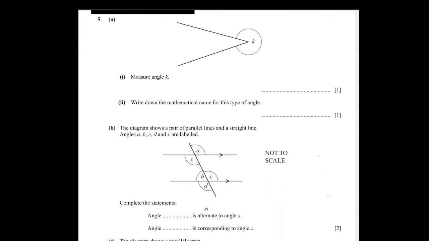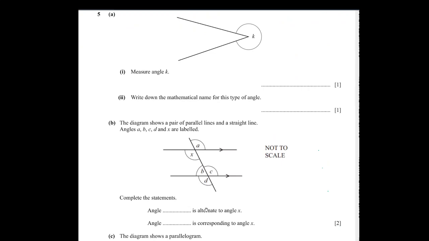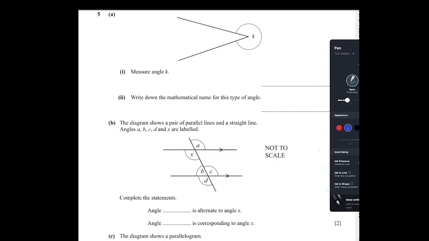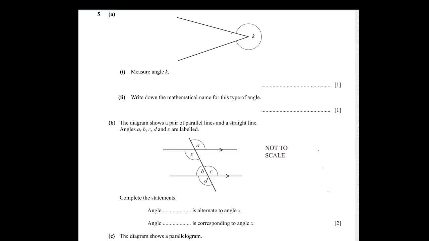Question number 5. A. Measure angle K. Okay students, for this question you need to find the angle which is less than 360 degrees. So you have to find out this angle using your protractor. Keep your protractor aligning to any one of the lines. Suppose this is the 0 of the protractor.